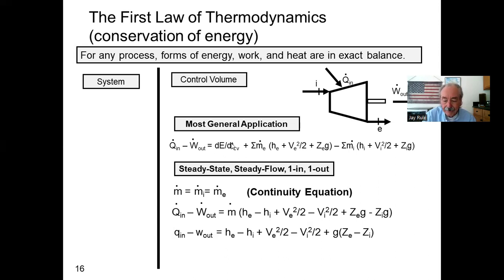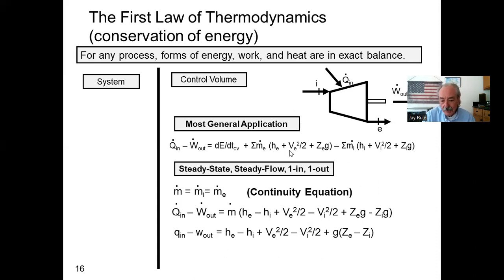What does that mean? That means that in the transient process, when something is happening that depends on time, when lunchtime is different than breakfast time, dE, that means the rate of energy contained in the control volume is changing with time. I will be surprised if you have a question like this on the exam.